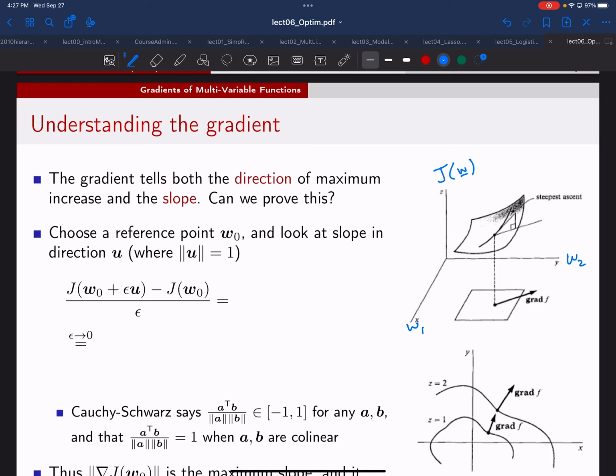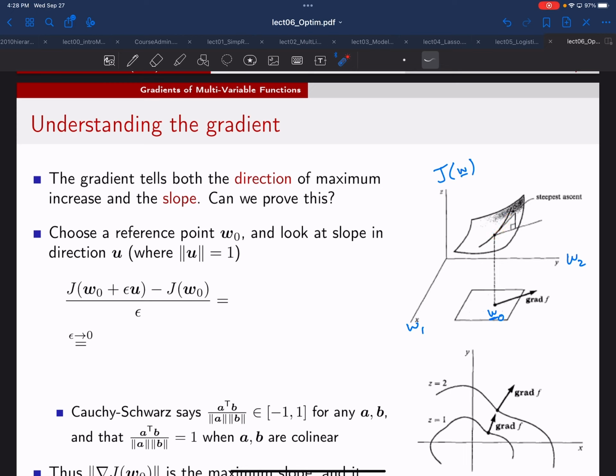Okay, so if we're at this reference point here, which we can call w underline sub 0, then this is the height of the function. And if you're sitting here on this surface and you want to go uphill in the steepest direction, you want to move in this direction, because that is the steepest increase of that surface.